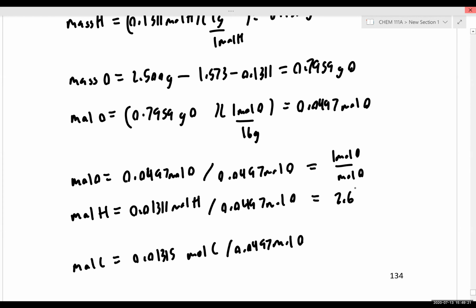We get 2.6 moles of hydrogen per mole of oxygen and 2.6 moles of carbon per mole of oxygen.